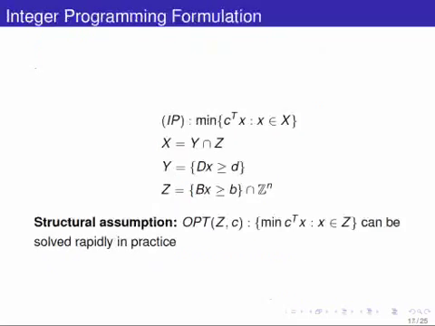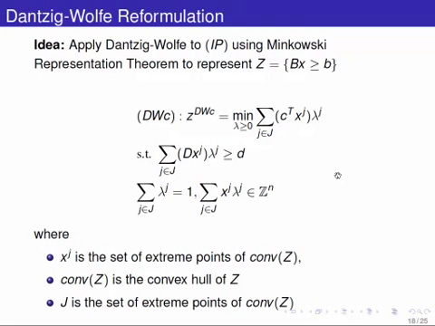So again, it's the intersection of this thing, Bx greater than or equal to b, intersected with the integer points. So capital Z is basically this lattice over here. What we're going to do is apply Minkowski to the convex hull of this polyhedron over here. Okay? And we're going to denote x superscript j as the extreme points of this polyhedron.